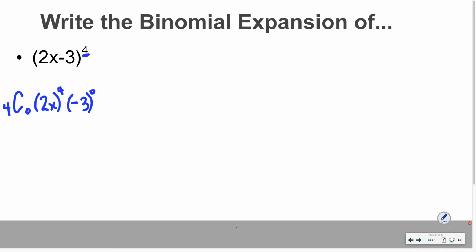We are always going to start out with n combinations of 0, our first variable to the n, our second variable to the 0. Then we're just going to adjust and account for our pattern as we go. Okay? So then our next term is going to be 4 combinations of 1. But now 2x is going to decrease in power, and negative 3 will increase in power.